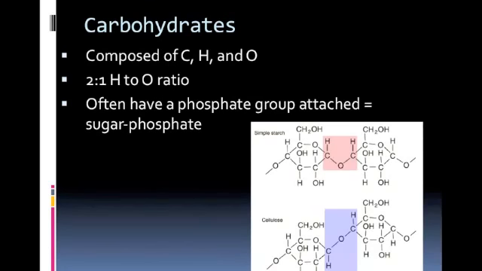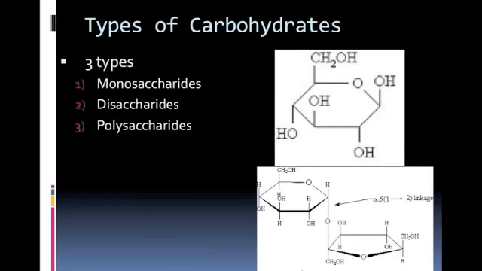Now there are specific types of carbohydrates. These are your monosaccharides, disaccharides, and polysaccharides. The top picture is a monosaccharide, and a monosaccharide is a building block of carbohydrate. Glucose is an example. Note the C6H12O6 is the most basic unit that can still be considered a carbohydrate.